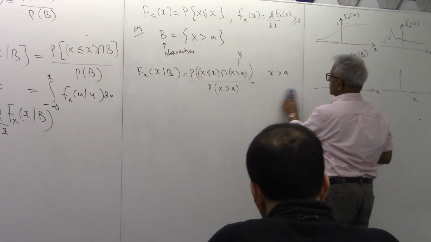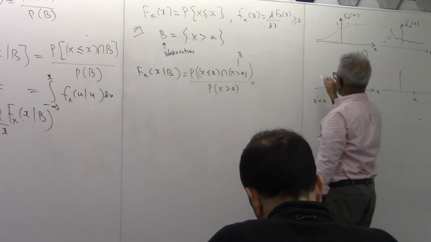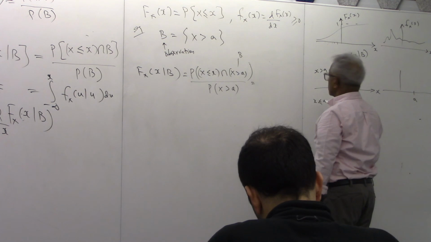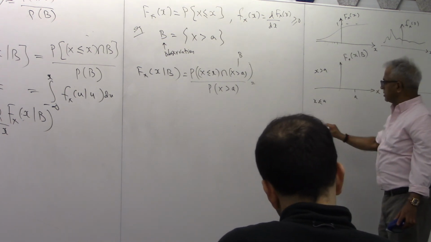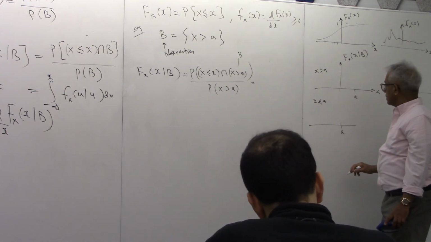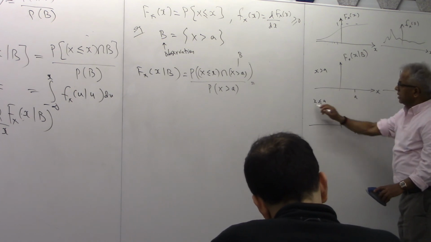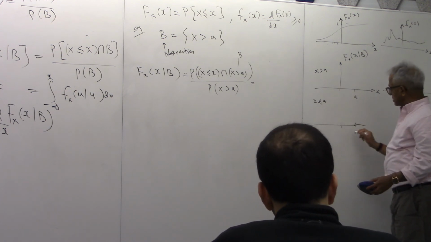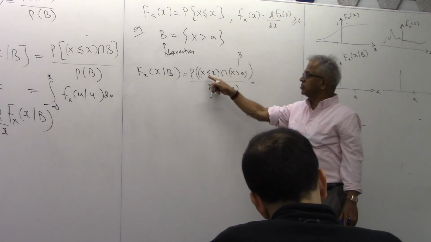So there are two cases, x less than a and x greater than a. Let's do one case, x less than a. So a is here, and let's say small x is less than a, so small x is somewhere here. We take the intersection of these two sets.